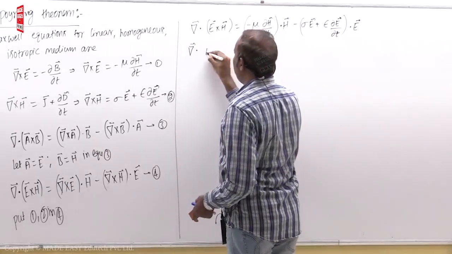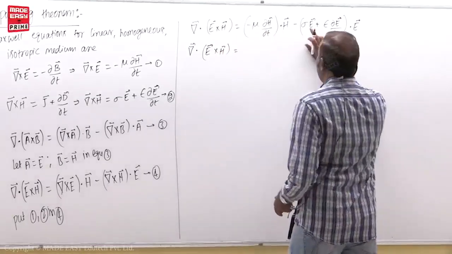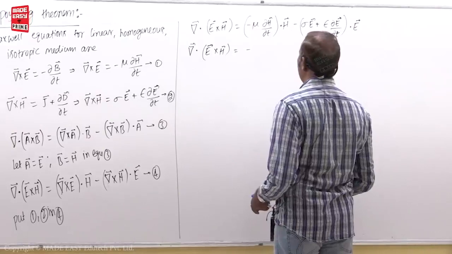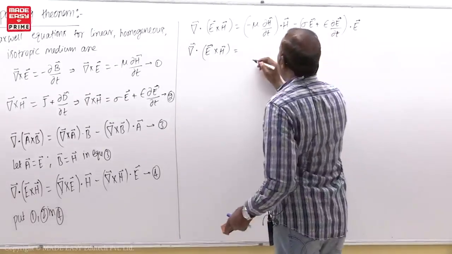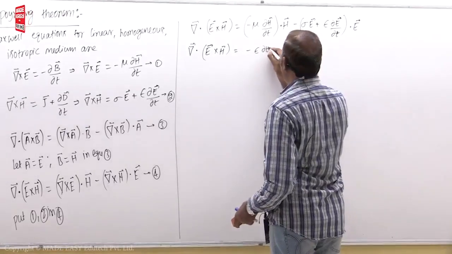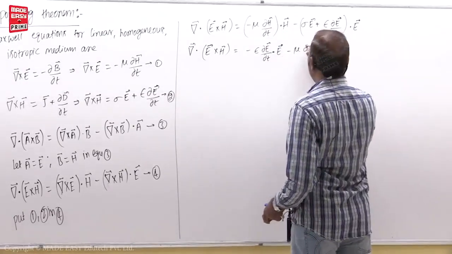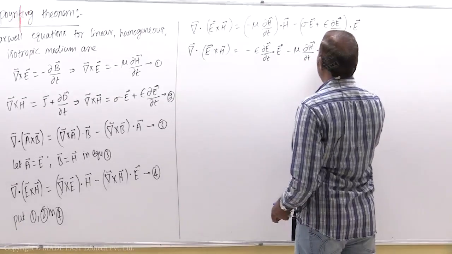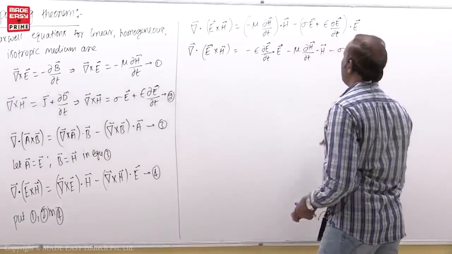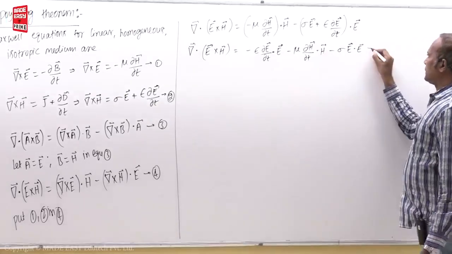So E bar cross H bar is equal to minus epsilon dou E bar by dou t dot E bar, then minus mu dou H bar by dou t dot H bar, minus sigma E bar dot E bar. Let us say this is equation number 5.